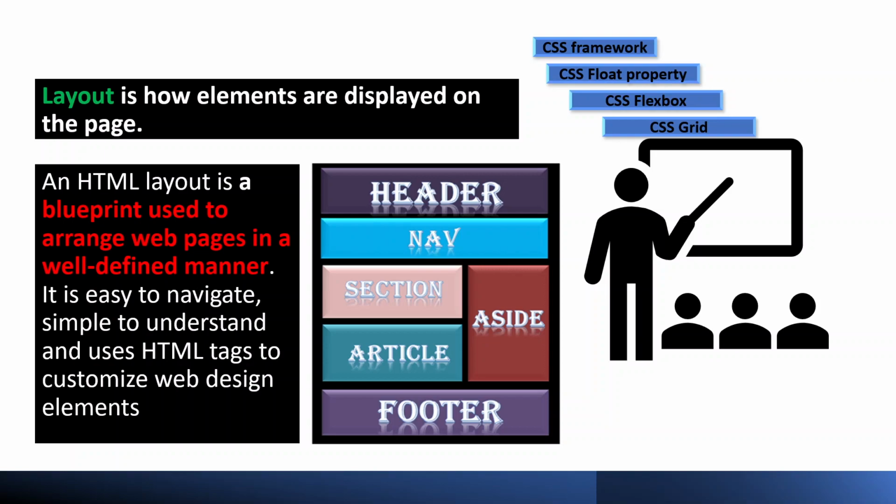The final one is CSS grid, right? The grid layout module offers a grid-based layout system, like a grid with rows and columns, and you can decide where you want to put your stuff based on that grid. It's easier to design your web pages in this mode, without having to use your floats and your positioning, which is a little messy, right?